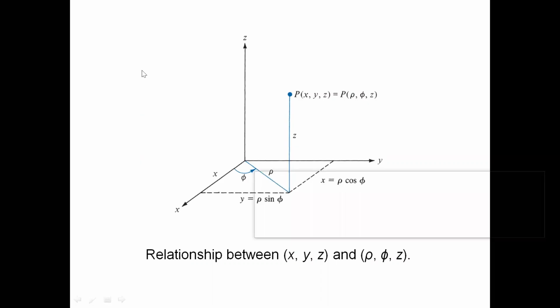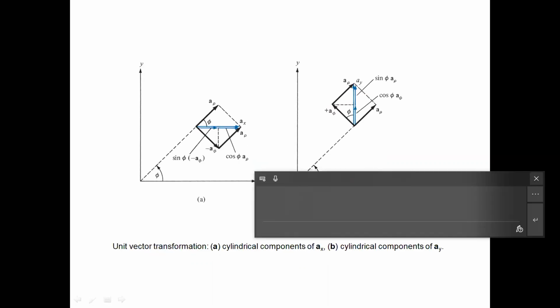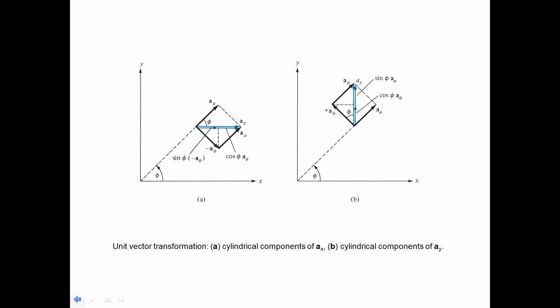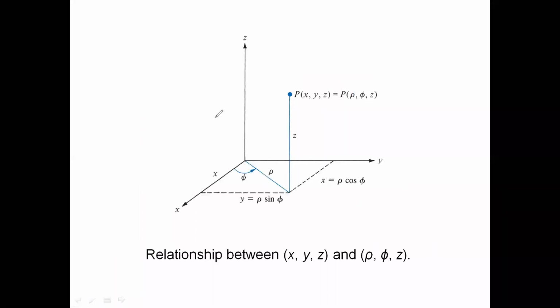Here you can see the relationship between the Cartesian coordinate system and the circular cylindrical system, how to relate those two in the same axes. The first coordinates, xyz, are Cartesian, and rho phi z belong to circular cylindrical.